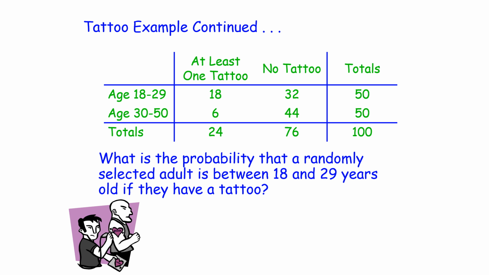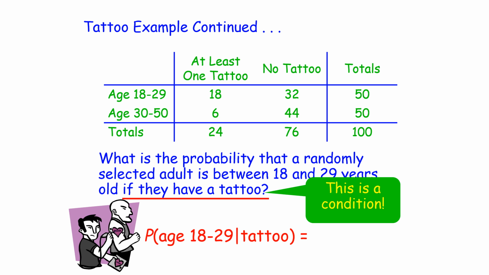So what is the probability that a randomly selected adult is between 18 and 29 years old if they have a tattoo? Notice here, we've switched it. We have another condition, and the condition is that they have a tattoo. So we're looking for the probability that a person is between the age of 18 to 29, given that they have a tattoo.